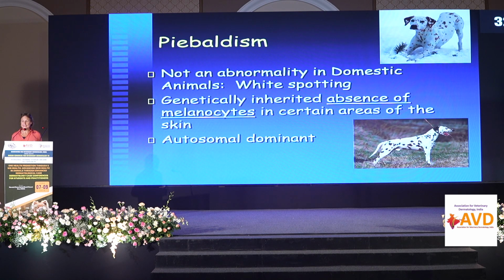Piebaldism is a genetically inherited trait in some breeds, like Dalmatians, and it has to do with the actual absence of the melanocytes in some areas of the skin. So if you were to biopsy and do special stains looking for melanocytes, they're absent in the white spots, okay?